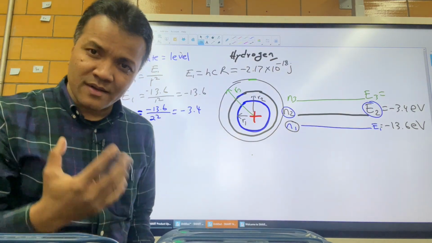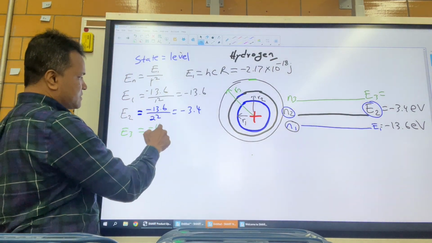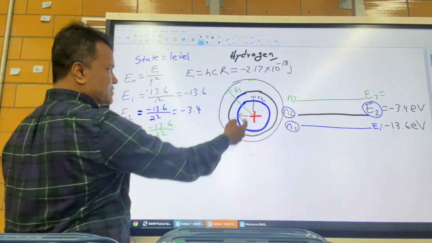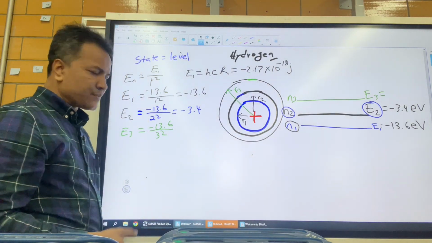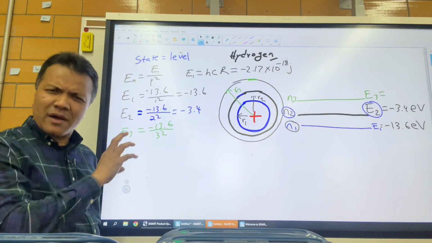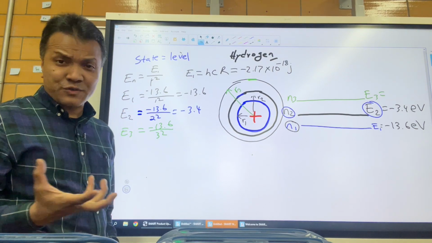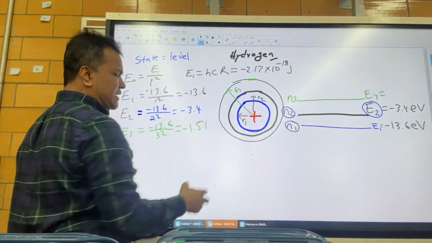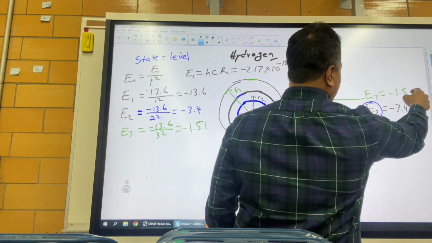How much smaller? Let's find out. E3 would be negative 13.6 over 3 square. Why 3 square? Because the electron is now right here. That means the electron is much farther away from the proton, and the proton doesn't like it because the proton gets to use only negative 1.51 electron volt.